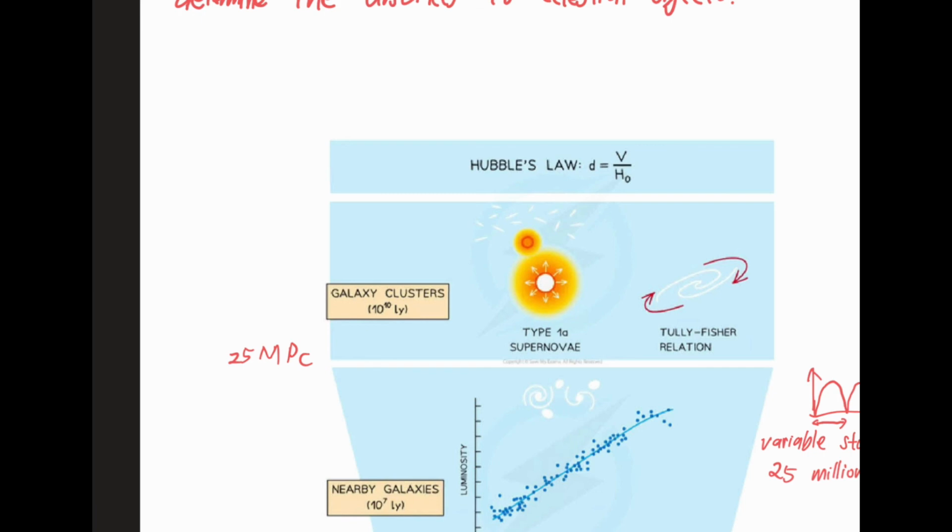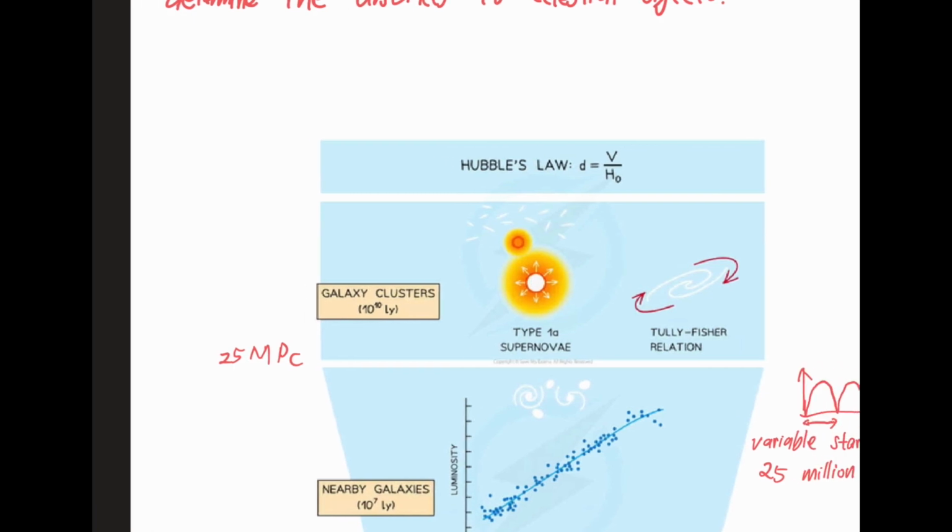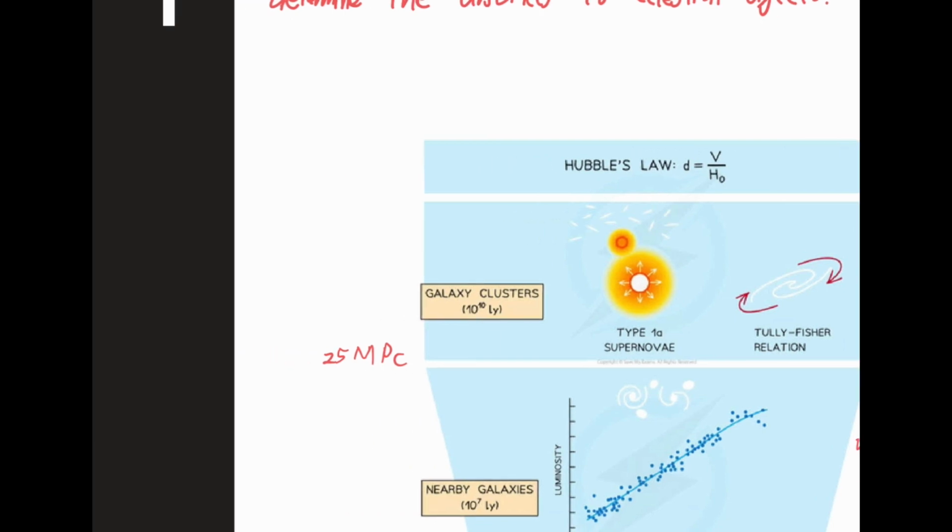So there is something that we discussed before, type 1a supernova. So we need to know this supernova is useful within 1 million PC.